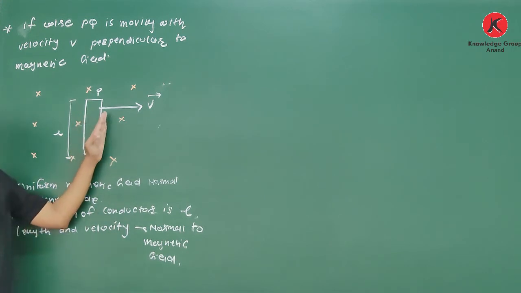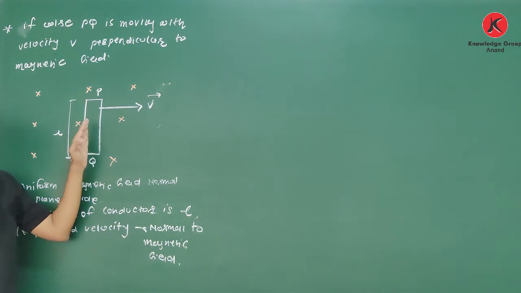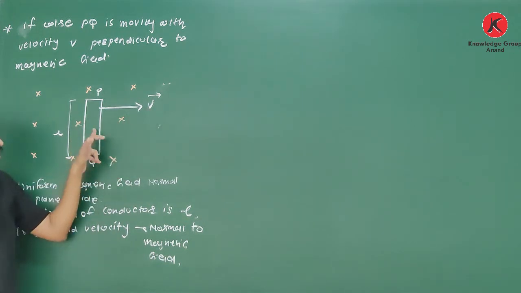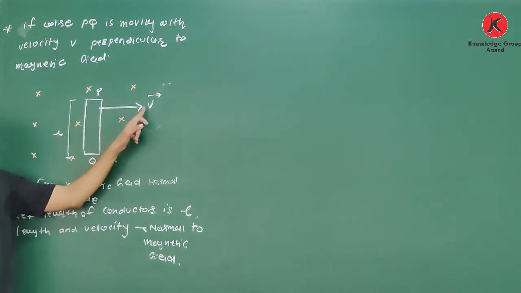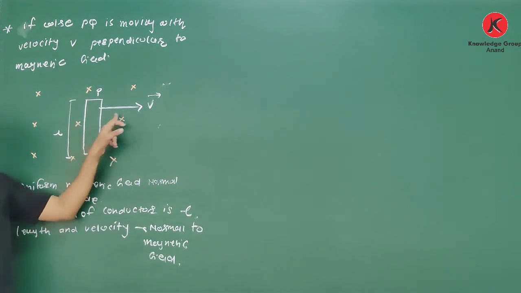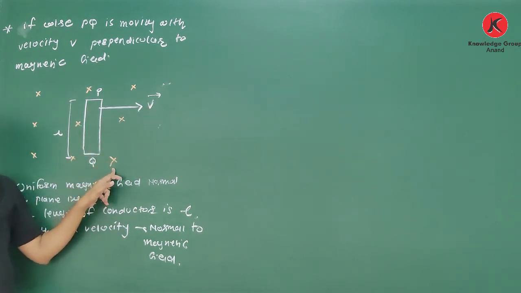So if the conductor is moving, we can say positive and negative charges are moving with velocity v in the magnetic field.